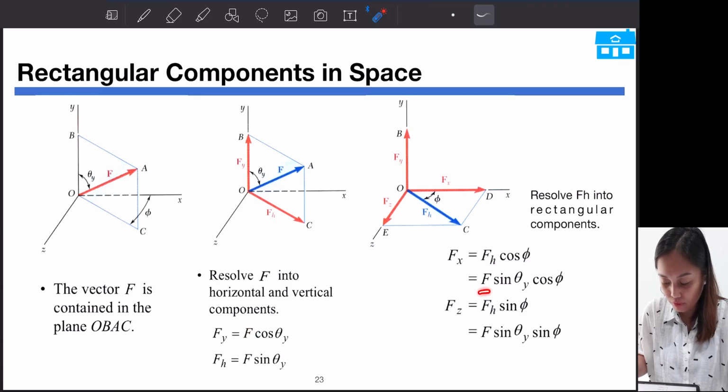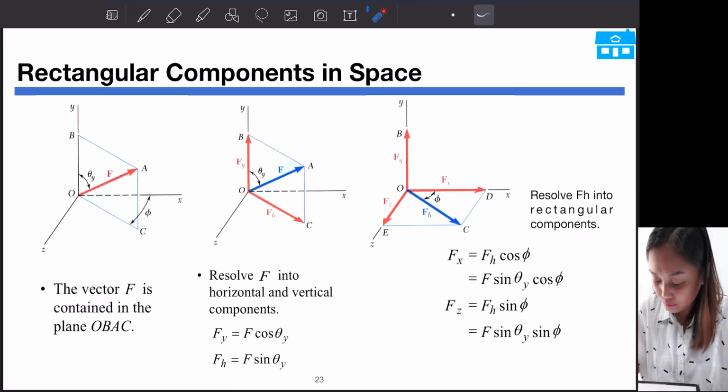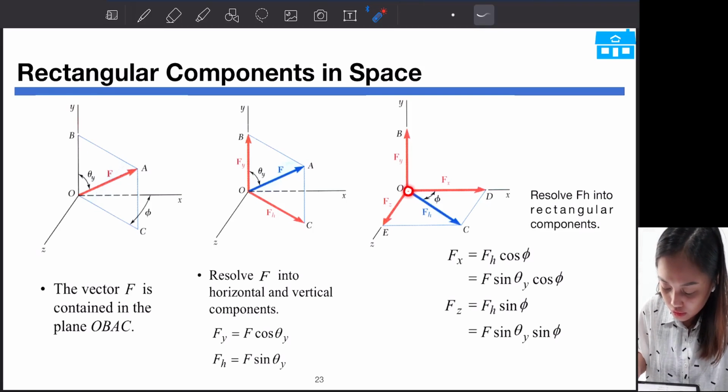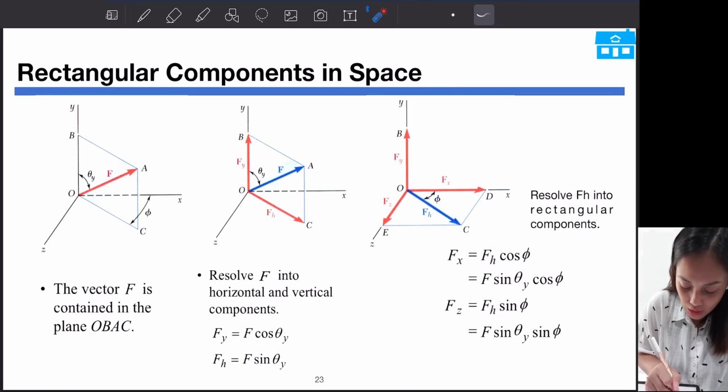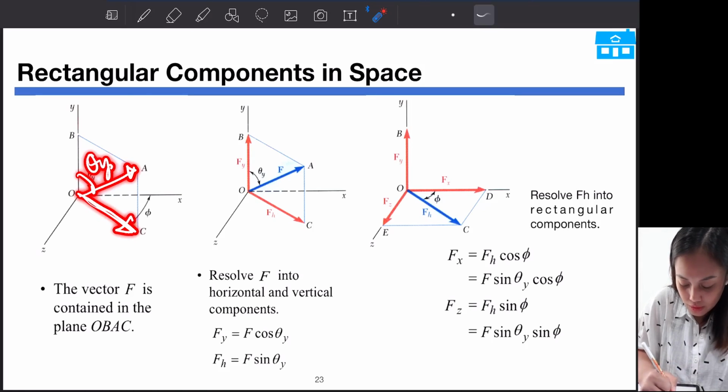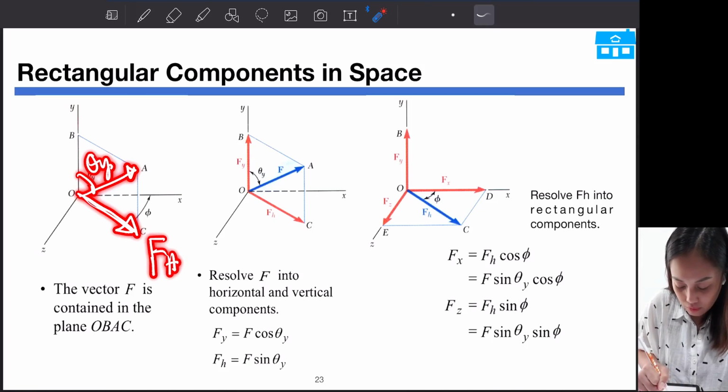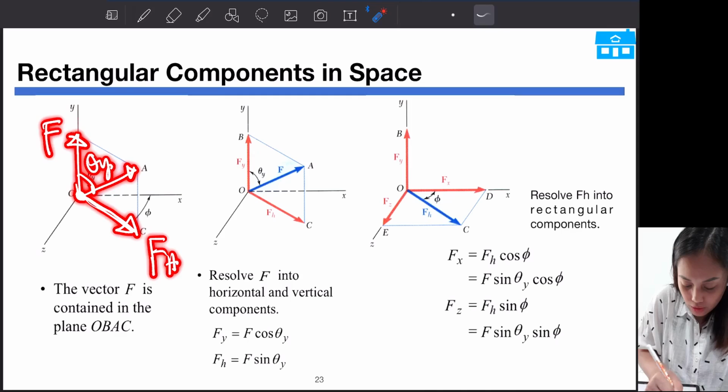Fx is F sine theta y cosine phi. Looking at the force F, with angle theta y, this is Fy, and this is also FH.